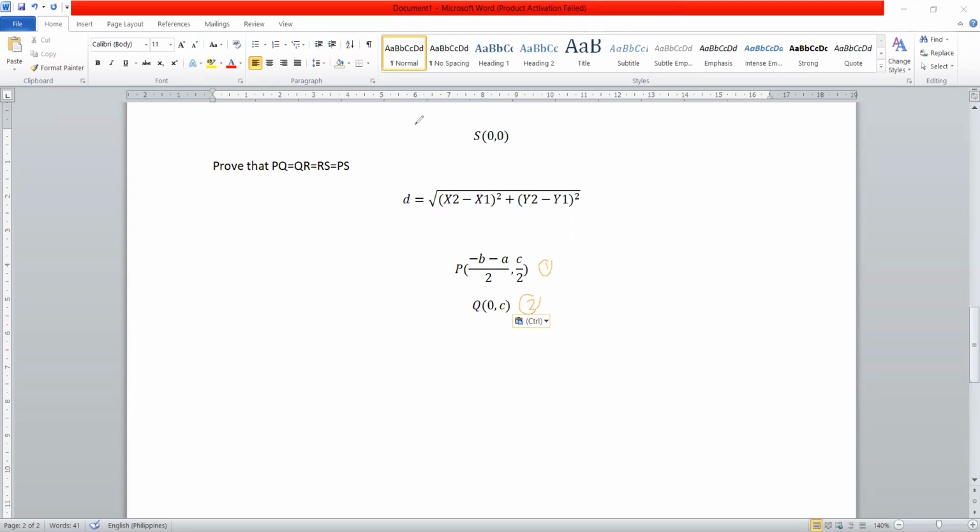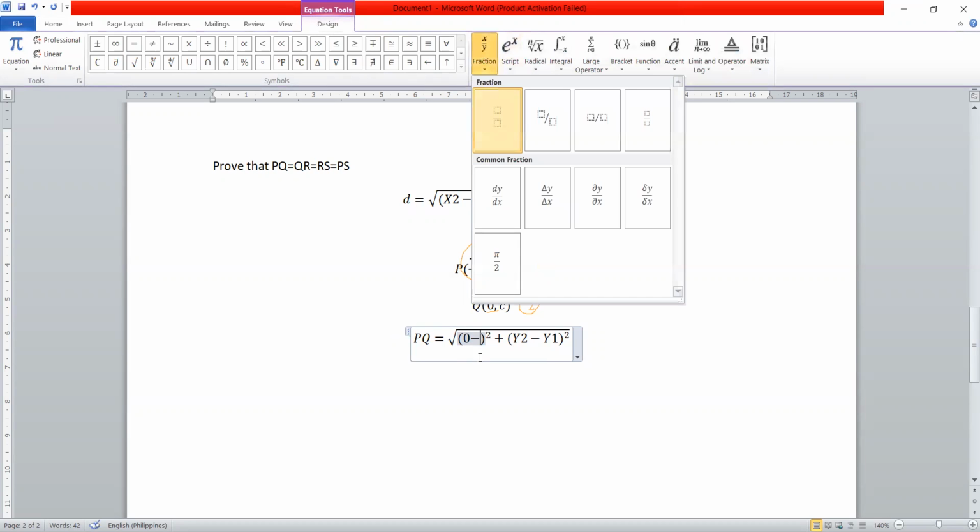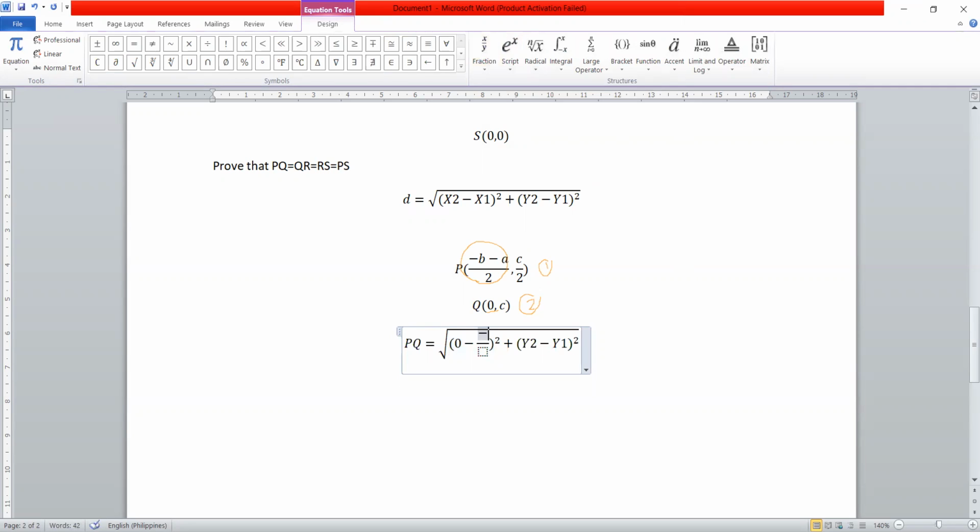Let's substitute that into your distance formula. The distance of PQ: what's your x2? You have 0, and your x1 is negative (b minus a) over 2. So we'll substitute it here.